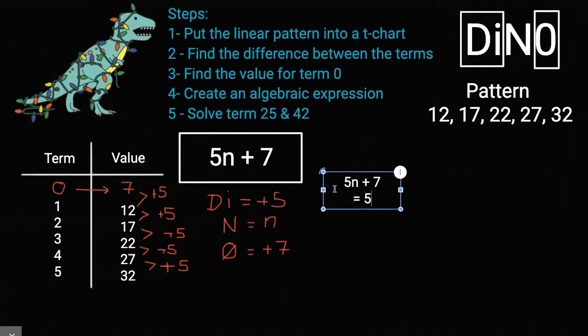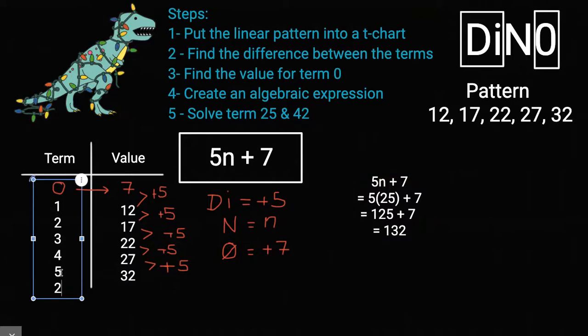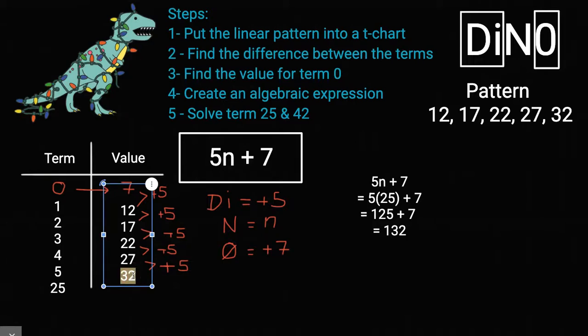Then I'm going to use it to solve, so where I see my variable n, I'm going to be replacing it with term 25 so that we could solve for the value. 5 times 25 is 125 plus 7 is equal to 132. Okay. So that is term 25.